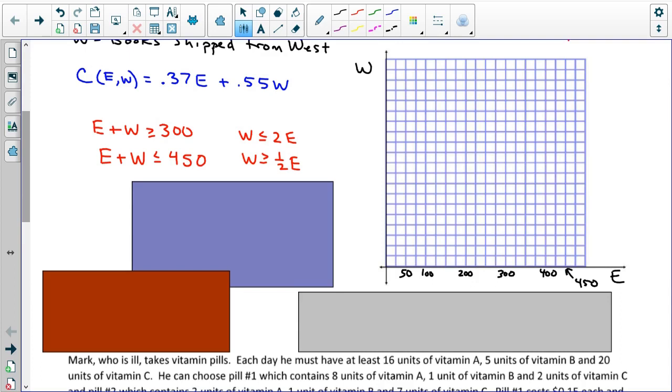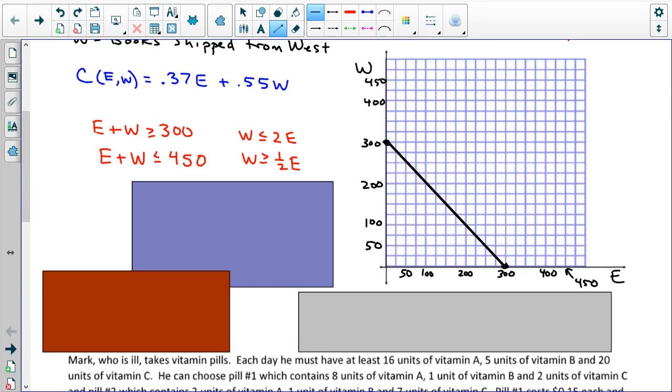And likewise down here: 50, 100, 200, 300, 400, and 450. The two easy lines to draw are E plus W equals 300, and E plus W equals 450. It'd be an easy line to draw if I was good at drawing.